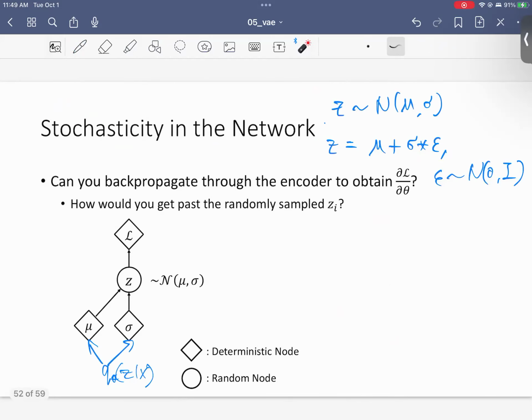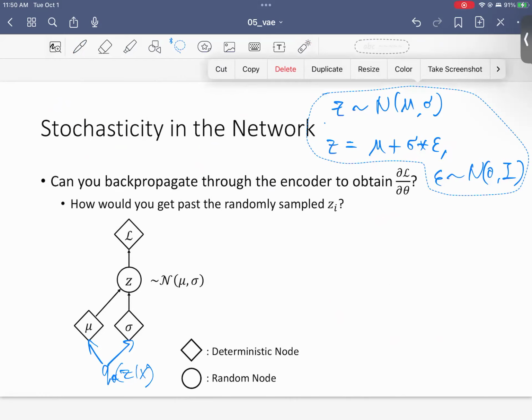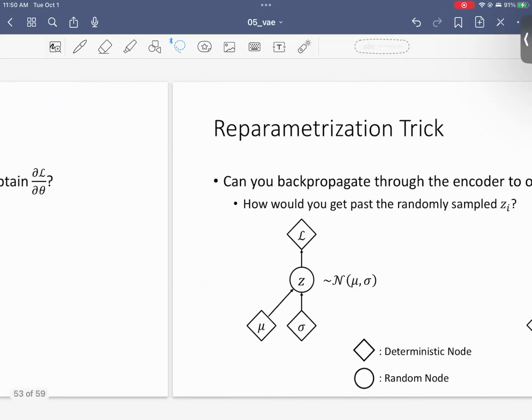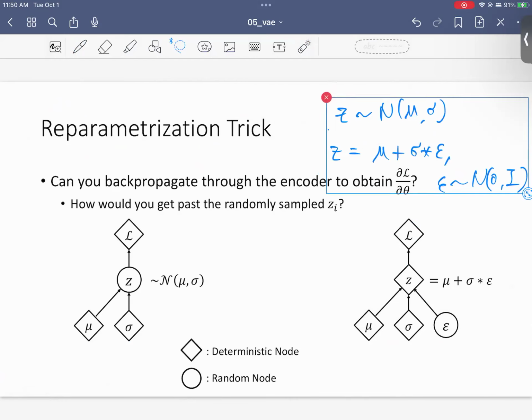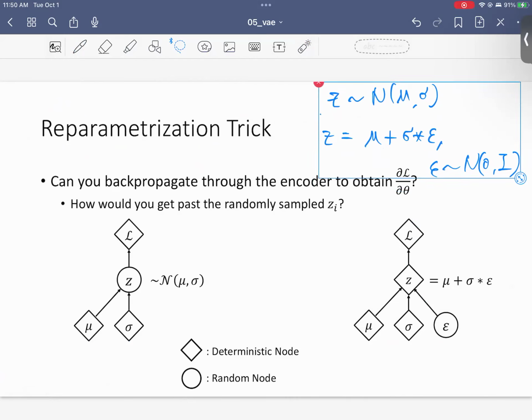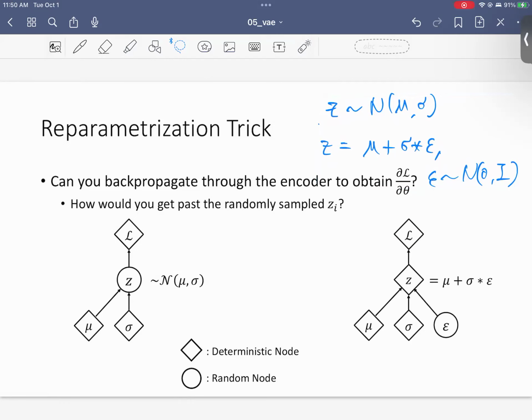Let me copy paste. See if I can copy paste this. Oh, I can. Nice. Okay. Right. Let's keep it right here. So this is what depicts this.